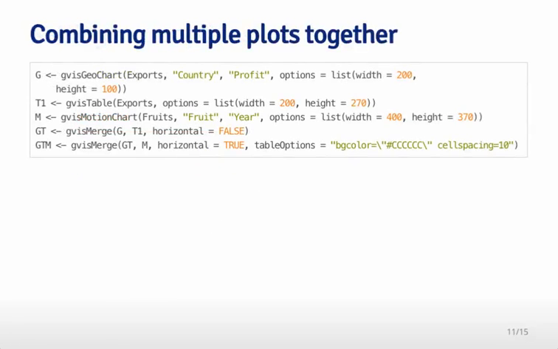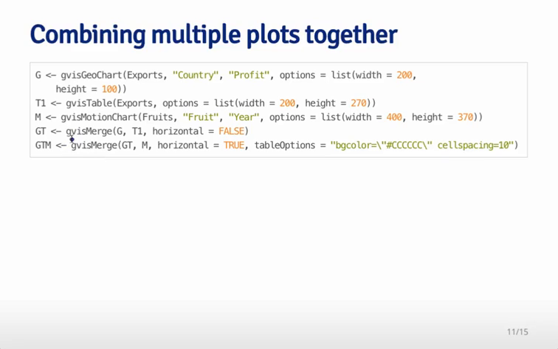To combine multiple plots together, you can actually create quite nice visualizations that are multiple panel plots. And the way to do that is to create several different GoogleVis objects. So the first step is I create a gvisGeoChart, then I create a gvisTable, and a gvisMotionChart. I can then merge them together two at a time.